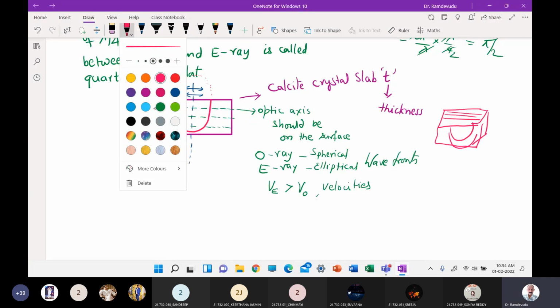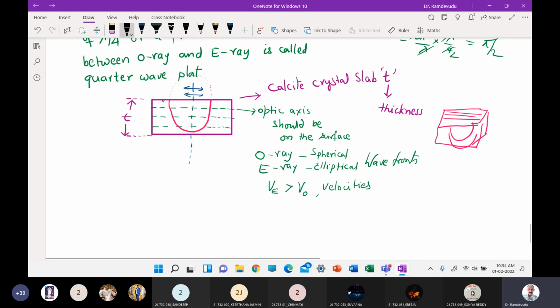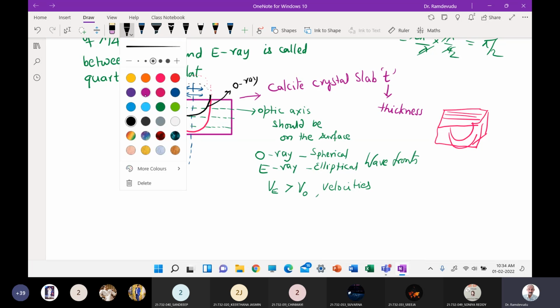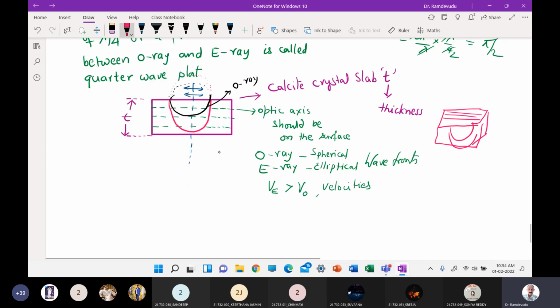And when I take the ordinary ray, they should touch each other here, but it should be a circular one. So therefore, if I make it, I'll get a circle here. And the black one which I'm showing is O ray, which is moving slower, and the pink color ray which I have shown here is E ray.